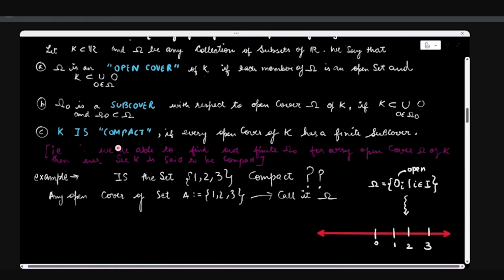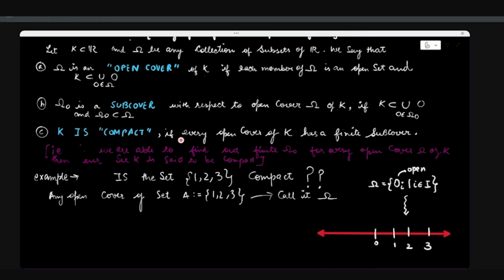And now our main definition: K is said to be compact if every open cover of K has a finite subcover. This means if you give me any open cover of K and I am able to give you a finite subcover, then the set K is compact.